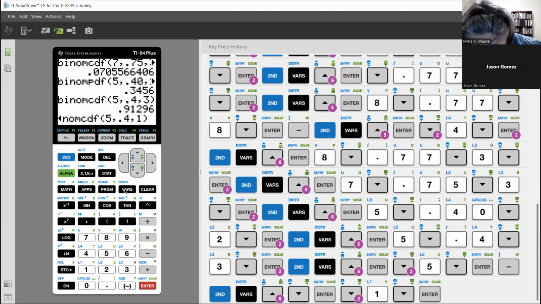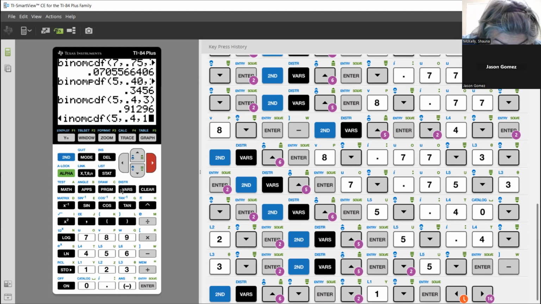Okay. So let me let you look at the command line again. So this is binomial CDF 5.4 and 5, because I want to go all the way to the top. And I want to subtract the first 0 and 1. I don't want to subtract 2 because I want 2 or more people, right?